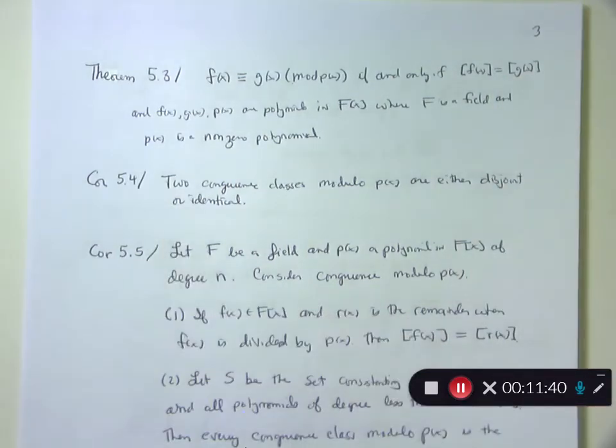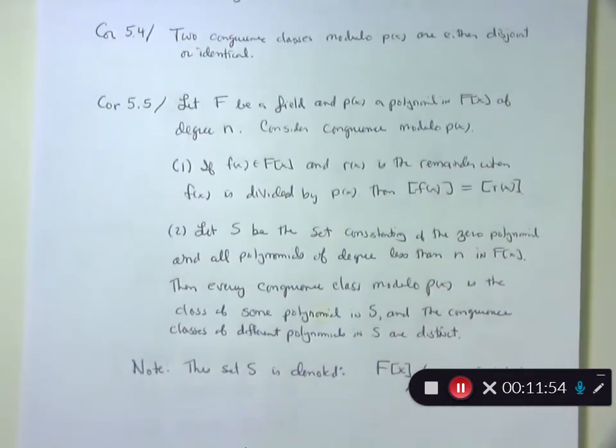Their corollary, 5.4, off that guy, is this. Two congruence classes modulo p of x are either disjoint, they have nothing in common, or they're going to be identical. They'll be equal to each other. Your big one is corollary 5.5. It comes from theorem 5.3, but it says this. Let F be a field, and p of x a polynomial in F adjoined x of degree n.